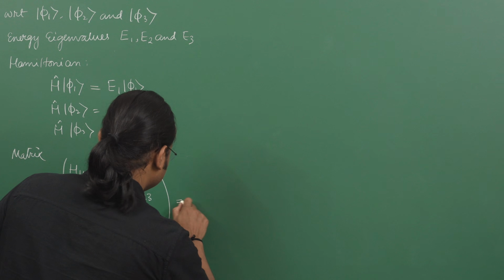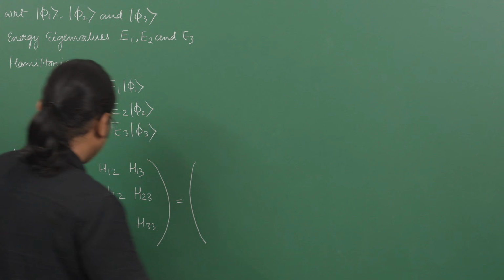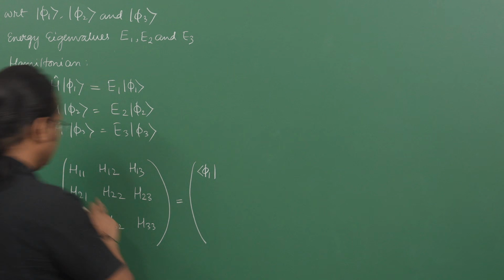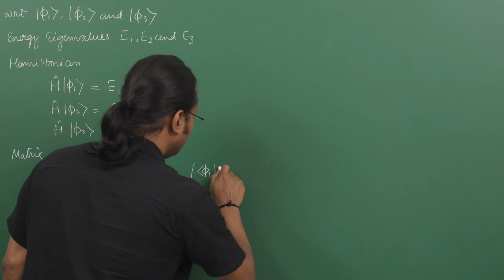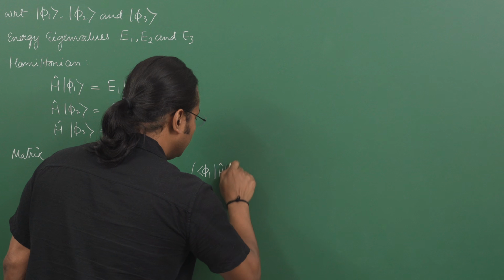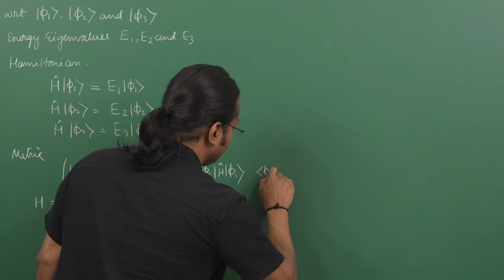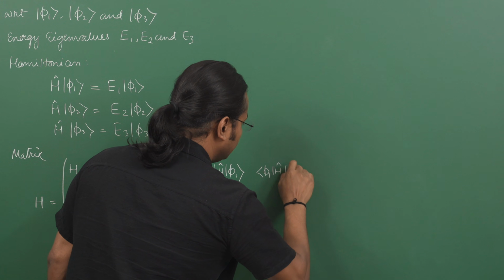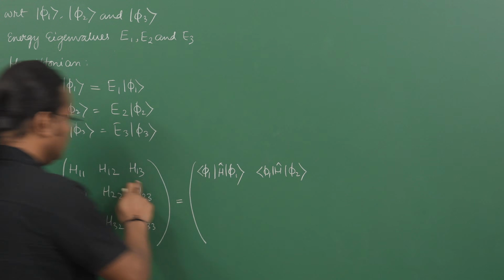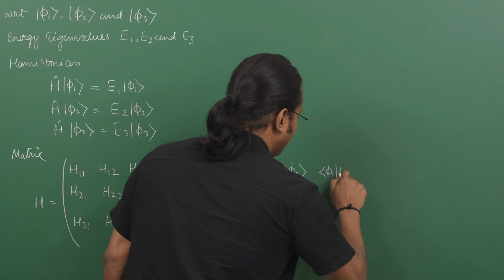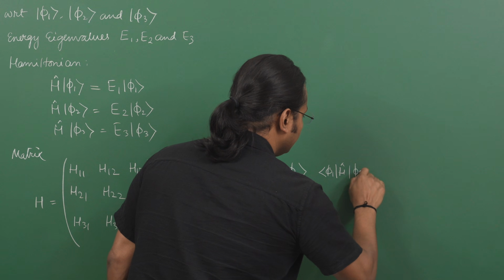These terms can simply be obtained by finding the inner product of the Hamiltonian. So for the 1-1 term, you have phi1 H hat phi1. For the 1-2 term, you have phi1 H hat phi2. For the 1-3 term, you have phi1 H hat phi3.